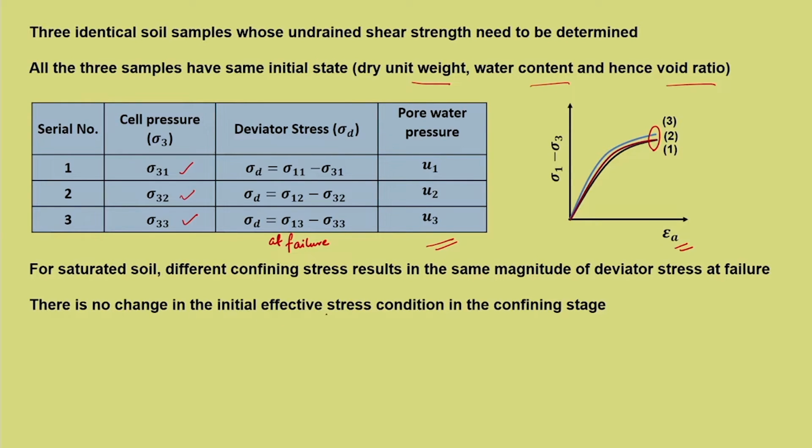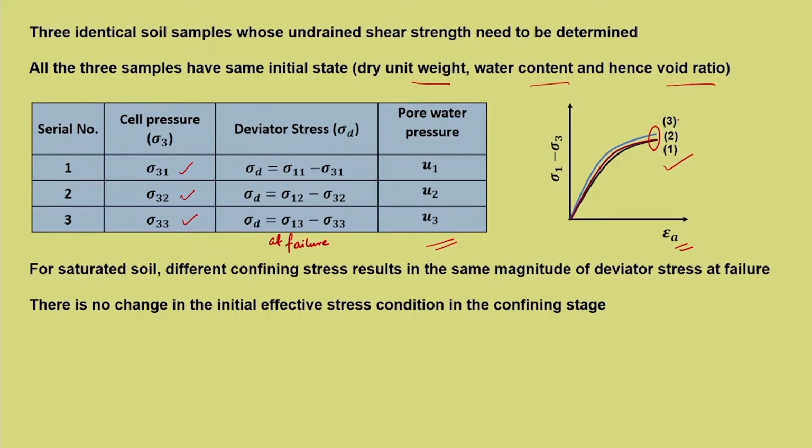There is no change in the initial effective stress condition in the confining stage. Now why is this so? Why are we having such a result? There is no change in deviatoric stress even though the cell pressure is increased. We know that we are not consolidating the sample. It is an unconsolidated test, hence there is no change in the initial state of the sample.